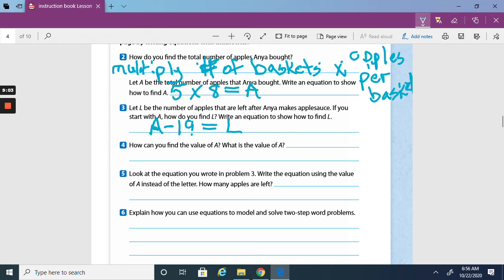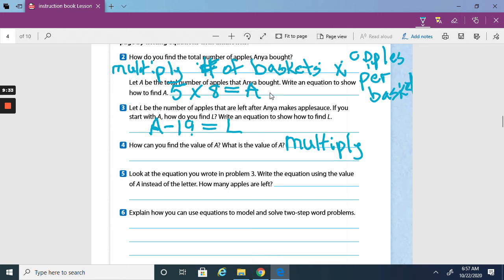Let's move on to number 4. Number 4 asks me, how can I find the value of A, and what is the value of A? If I look back at question number 2, I can see that I find the value of A by multiplying. So I can multiply to find the value of A. The next part of the question asks me, what is the value of A?